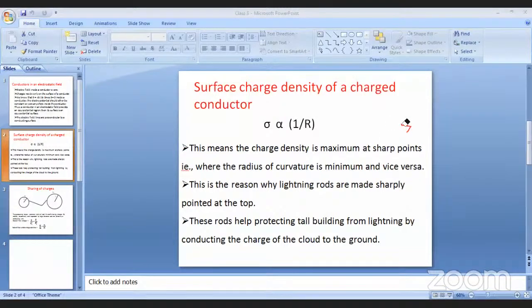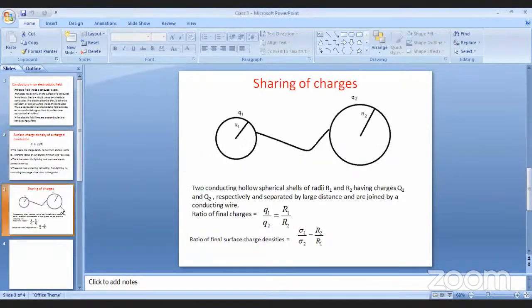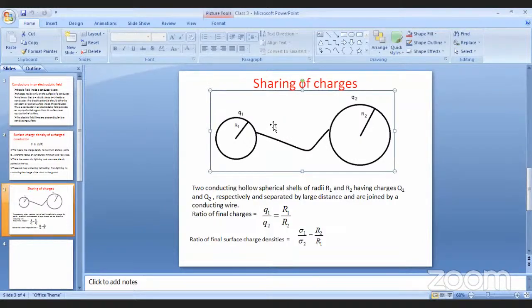Right. Then the next thing is sharing of charges between conductors. Here we are considering two conducting hollow spherical shells with different radii.